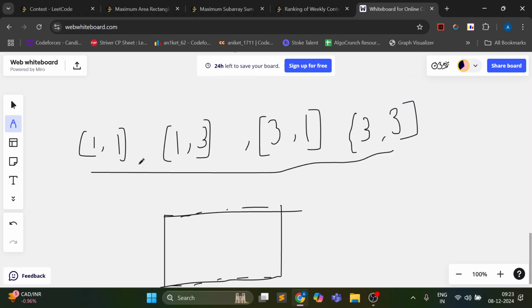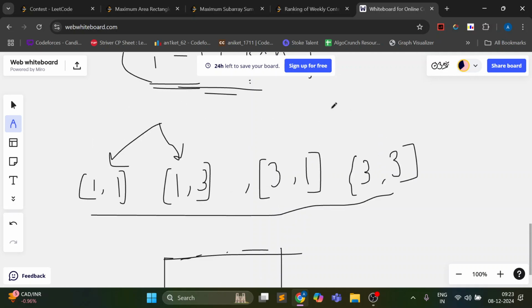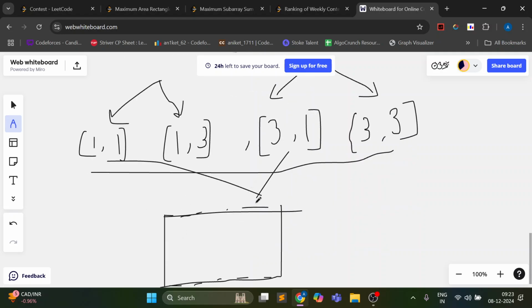So after sorting this, I would guarantee that these 2 points have equal x coordinate, these 2 points have equal x coordinate, and by observation from this rectangle, these 2 points would have the same y coordinate, and these 2 points would have the same y coordinate. So these are simple conditions for checking if it forms a rectangle.